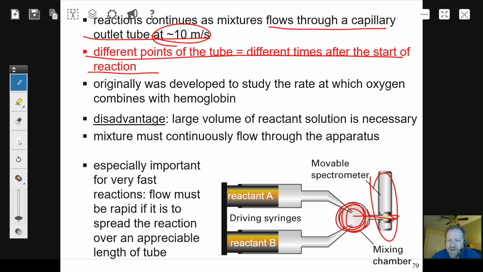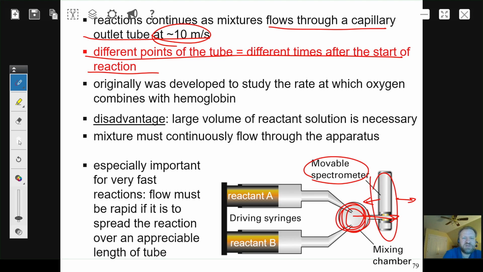This outlet capillary tube is equipped with a movable spectrophotometer that is allowed to move back and forth along the tube. Depending on the location of the spectrophotometer along the tube, you can perform spectrophotometric analysis of your reaction mixture at different times after the start of the reaction.